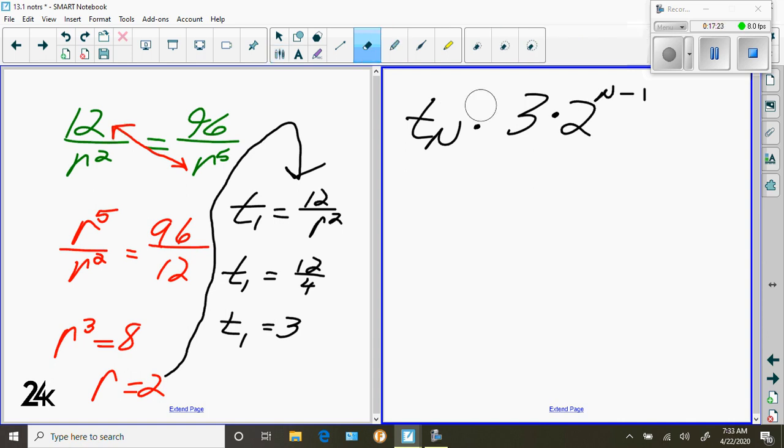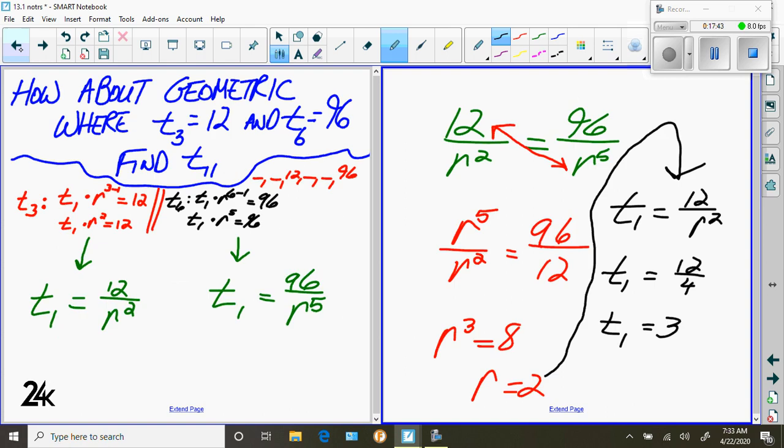Oh, I don't know why I put dots. My bad. Okay, let's try it out. Do you remember what the third term was supposed to be? The third term was supposed to be 12, right? Yeah, the third term was supposed to be 12.